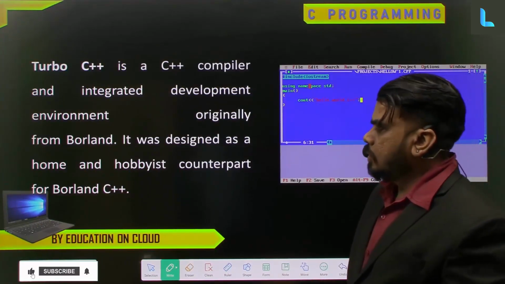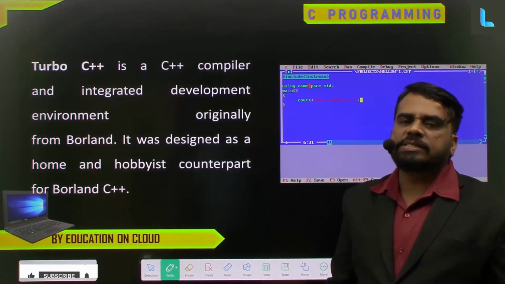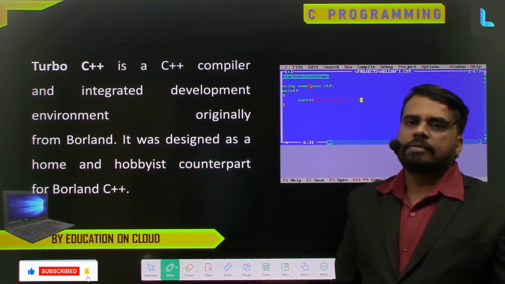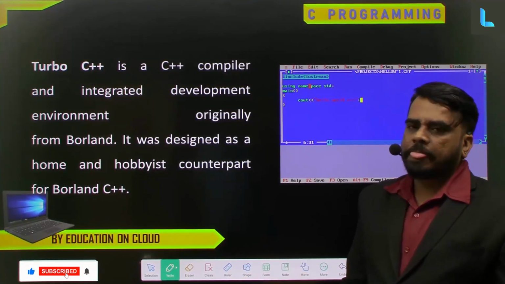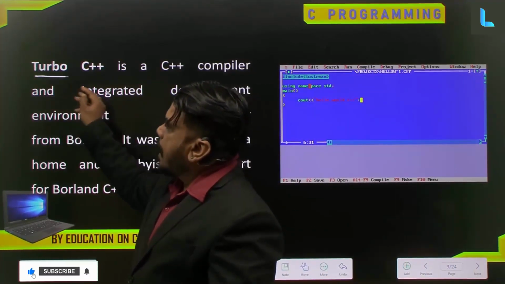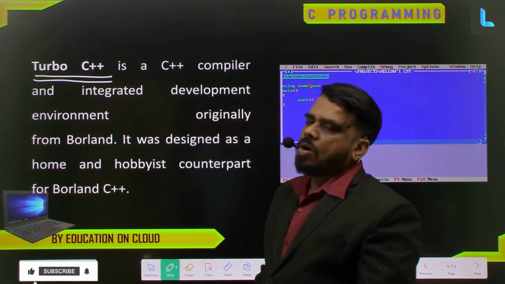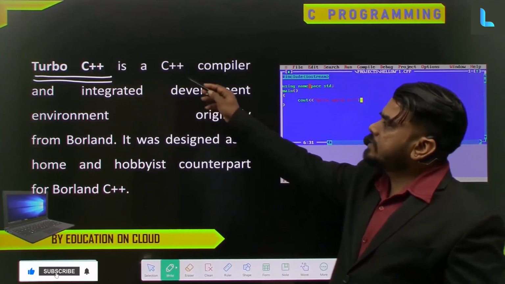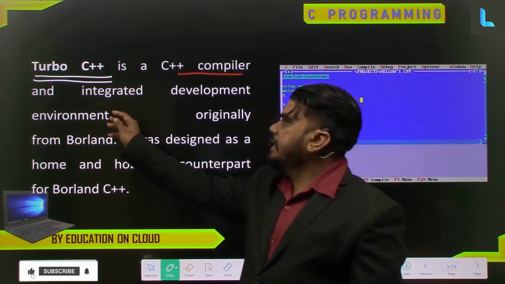Okay. So to learn or to start programming in C language, we need an editor, we need a compiler so that we can program. So this application called Turbo C++ editor, or Turbo C++, is actually a C++ compiler along with an IDE.